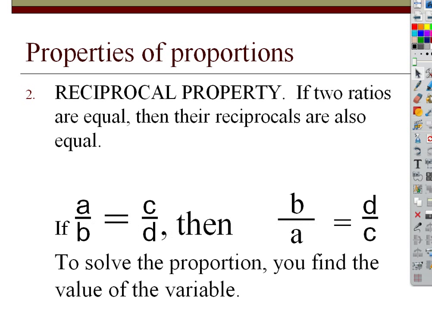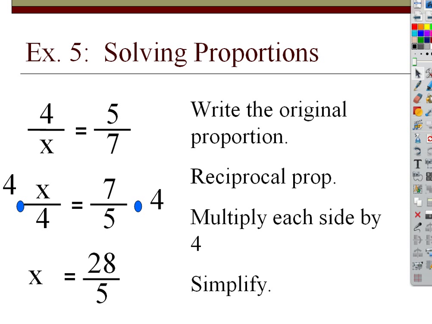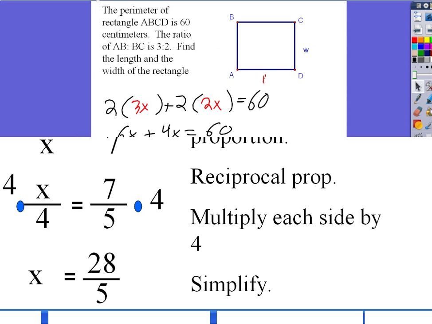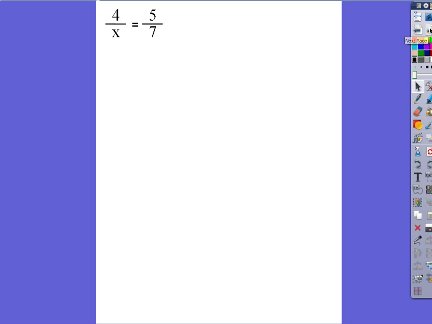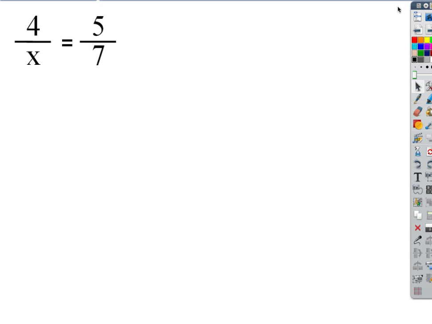Now here's where this stuff comes into play. What if we've got something like this? How do we solve this for x? We could flip both sides, but as a general rule, the easiest thing is just cross-multiply.